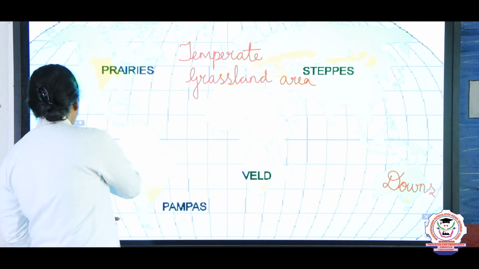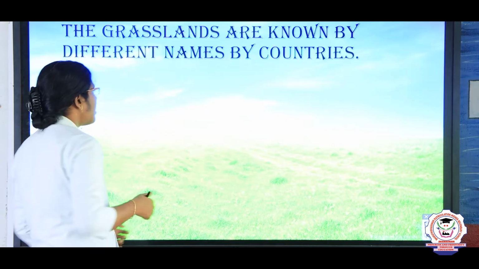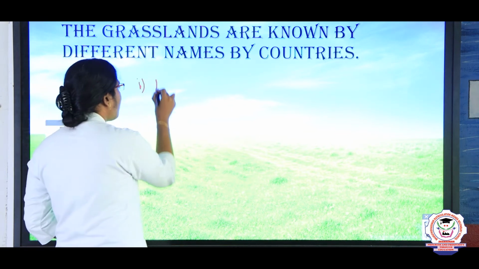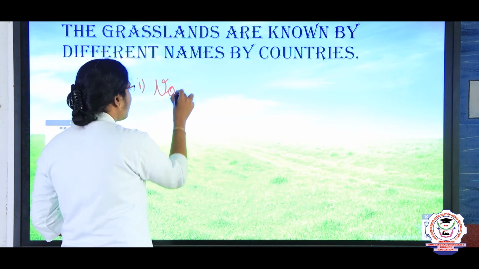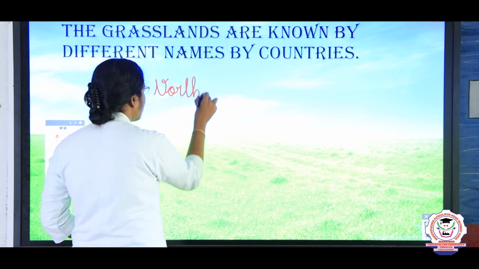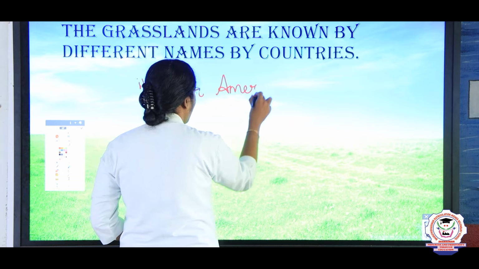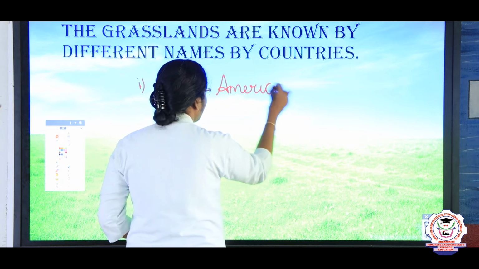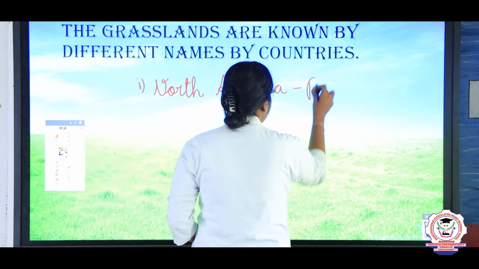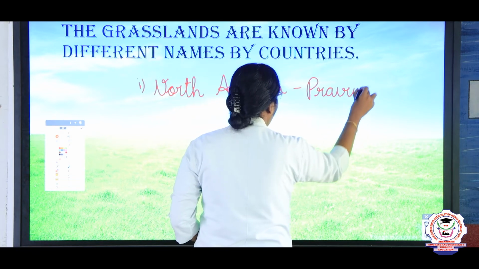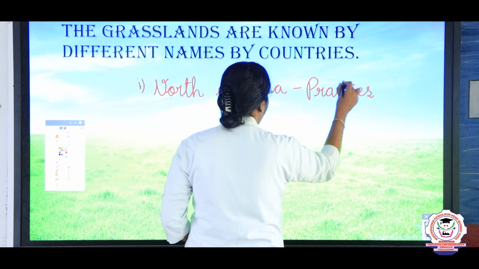Shall we write it now? Yes, now we first write it. In North America, what is the name they gave? In North America they gave the name prairies, P-R-A-I-R-I-E-S, prairies.